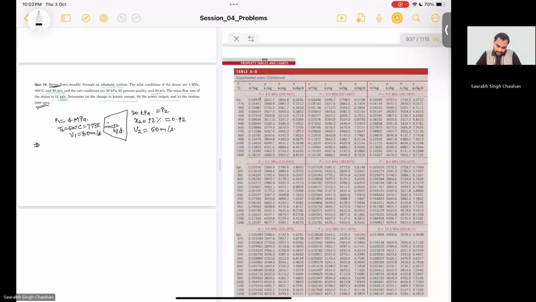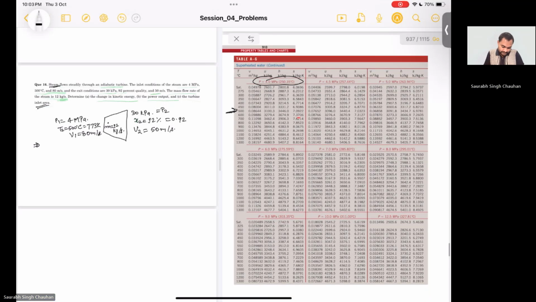So at inlet, enthalpy from the table is 3446, and specific volume is 0.08644 meter cube per kg.